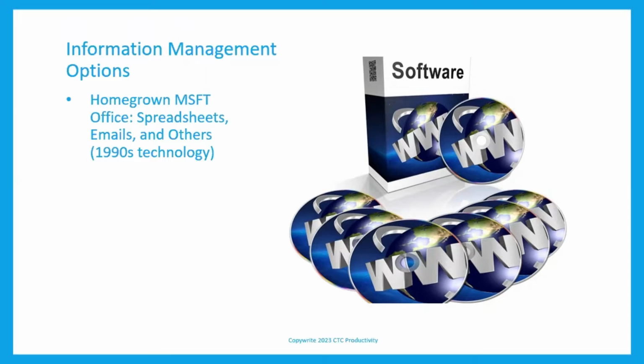And I've got news for everybody: while Outlook, Excel spreadsheets, and email serve a purpose for sure, that's so 1990s. There are, for the most part, better ways to do things in this day and age. There's always going to be a spot for those tools, but when it comes to people working together, those are not the best solutions.